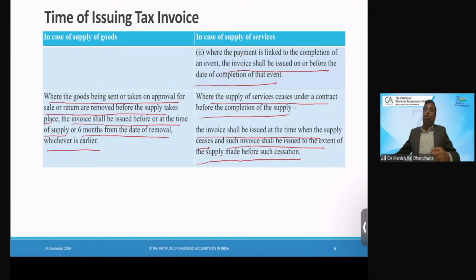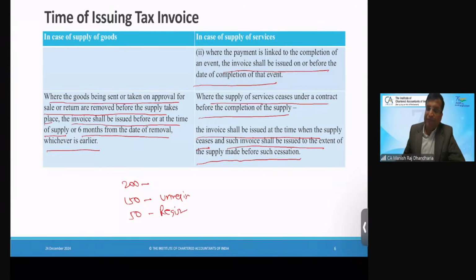अब मान लीजिए ऐसा हुआ कि 200 कस्टमर्स थे पूरे दिन में. Say for example total 200 customers थे, उसमें से 150 unregistered, 50 registered, but out of this 50 only 10 persons are demanding the invoice. बाकी 40 बोले हमको इनवॉइस नहीं चाहिए.